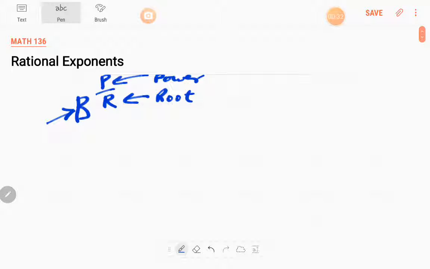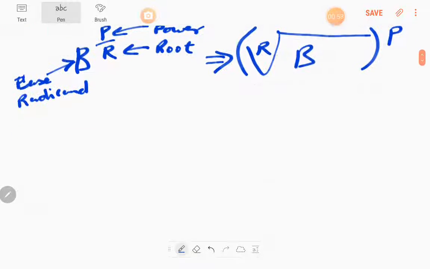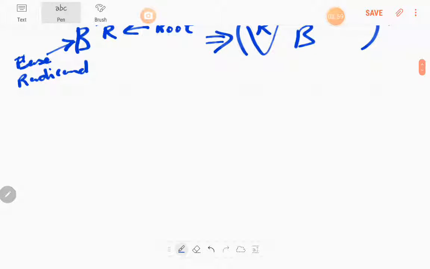The base here will actually become the radicand. That will become the radicand. So in other words, here r becomes the root, b becomes the radicand, and then it's raised to some power p.